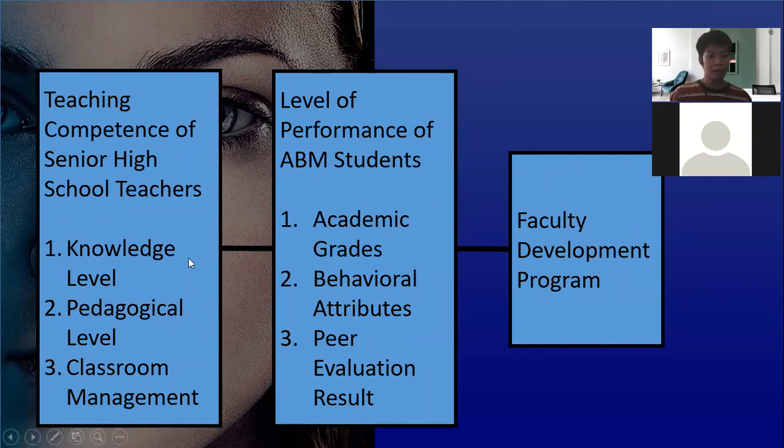Halimbawa, yung teaching competence ng senior high school teachers at saka level of performance can create a program. Diba? Predictor, ito yung predictor ninyo: teaching competence. Yung criterion, ito yung level of performance. So since it's your purpose to improve the teaching competence of the teachers, you need to conduct a faculty development program.